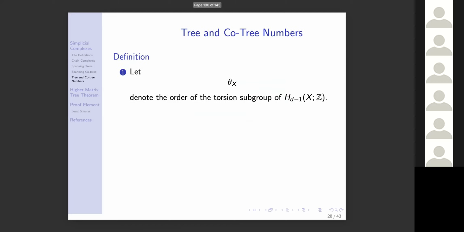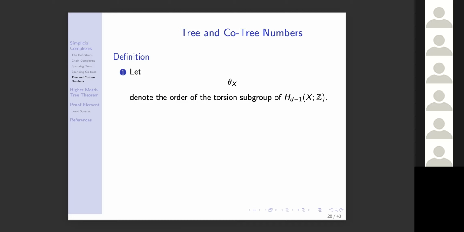And now I want to introduce some numbers which are crucial to the main theorem, which don't appear when we were talking about the matrix-tree theorem for graphs. So first of all, if I take the D minus first homology, remember, X has dimension D, we can take the D minus first homology of X with integer coefficients. Now that's an abelian group.